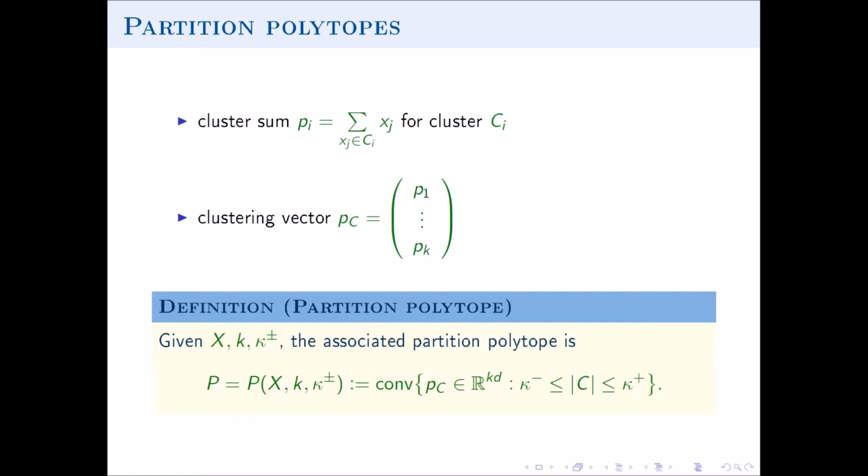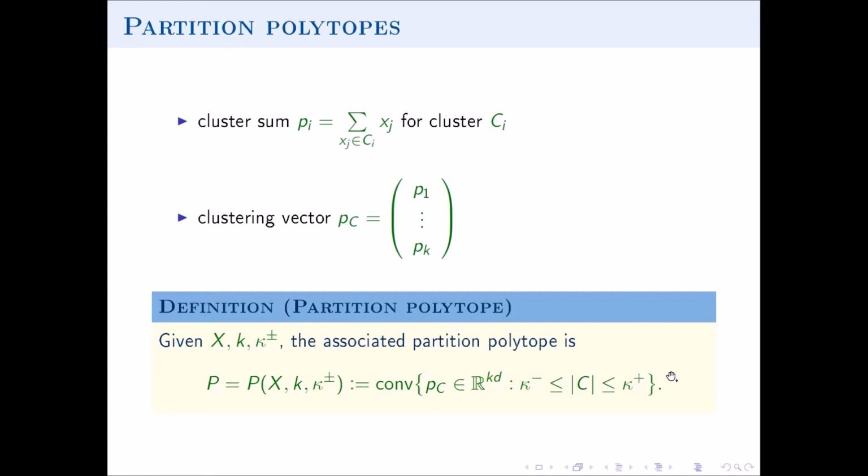It's the convex hull of clustering vectors of feasible clusterings. So the convex hull of all clustering vectors that you can form for feasible clusterings. Okay, so my main goal here is to show why it's so useful to look at these.